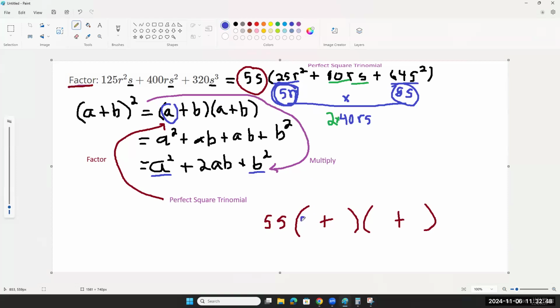So I'm going to put a 5R over here. And notice that it shows up over here too. And the B is the 8S. So I'm going to put the 8S over here.